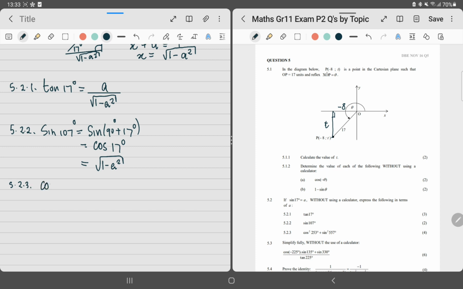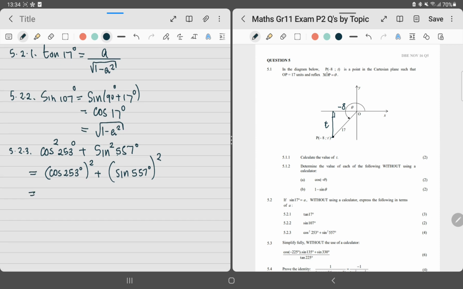5.2.3. Cos squared 253 plus sine squared 557. So we'll square that, plus sine 557, we'll square that.